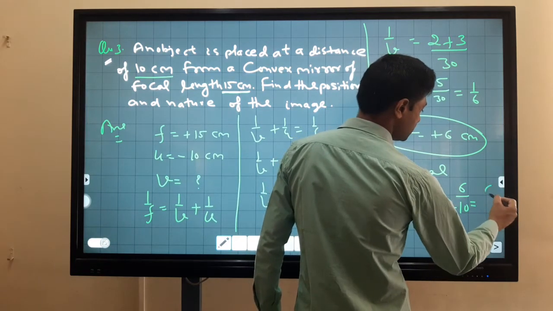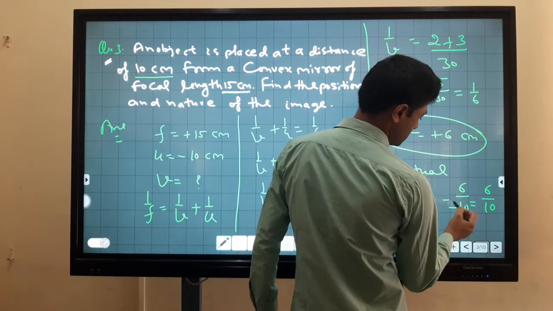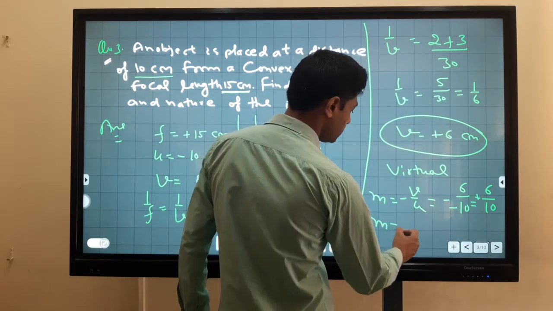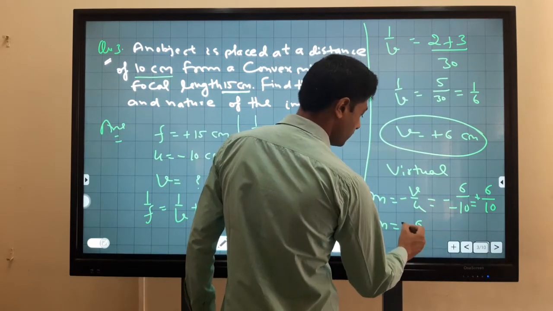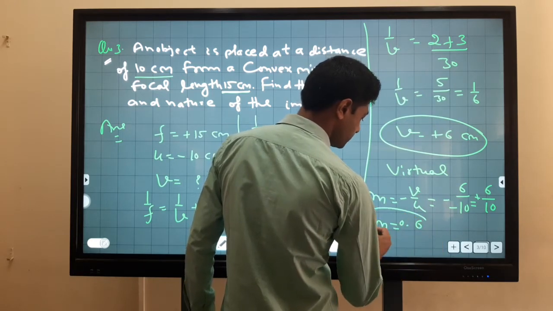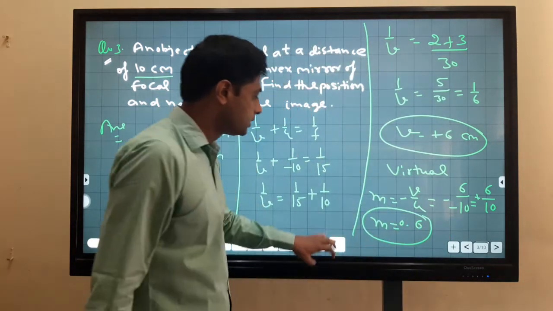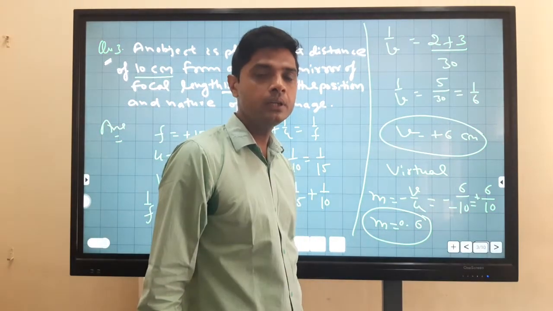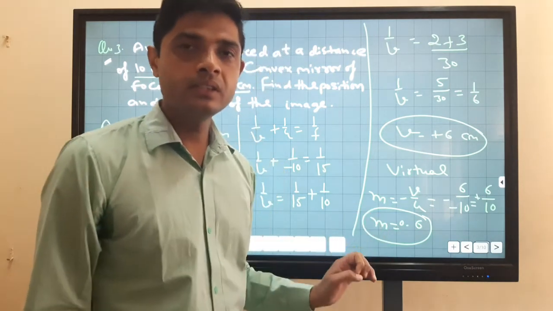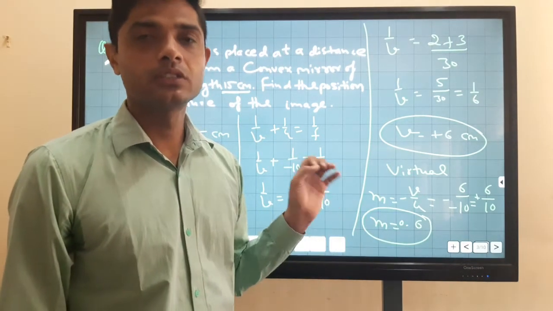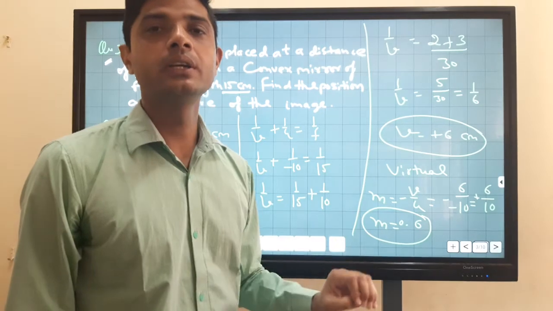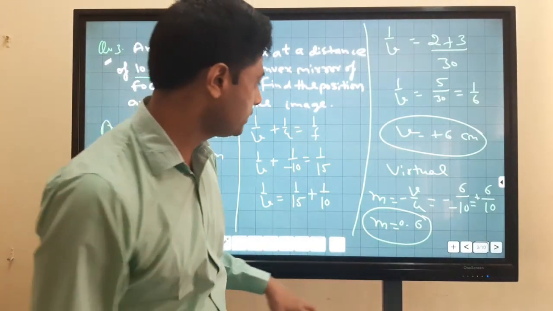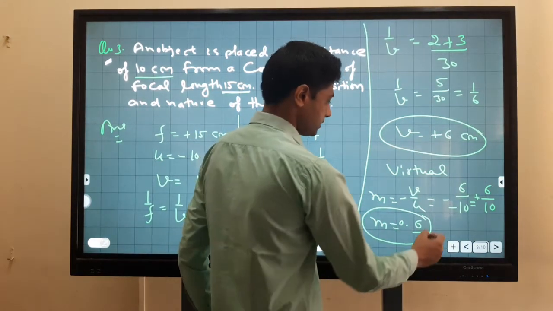It means 6 upon 10, because negative, negative, positive. So M equals 0.6. The value of M is less than 1. It means the size of the image is diminished. The size of the image compared to the size of the object is small. It means it is diminished.